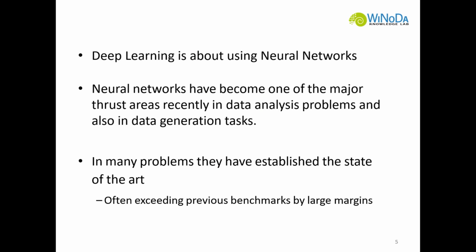And what's interesting, over the last couple of years, is that in many problem areas, I will show you 1 or 2 examples in a minute, neural networks have established the current state of the art. So when you think about image analysis or speech recognition or today text generation also, most of the leading algorithms are today neural networks.